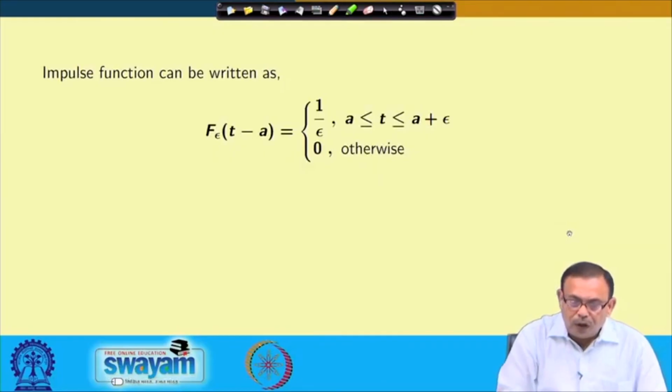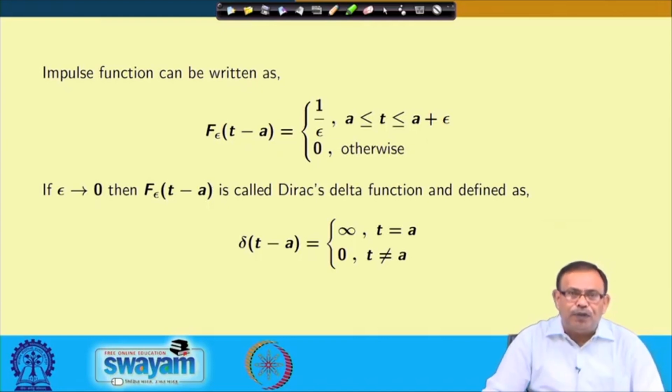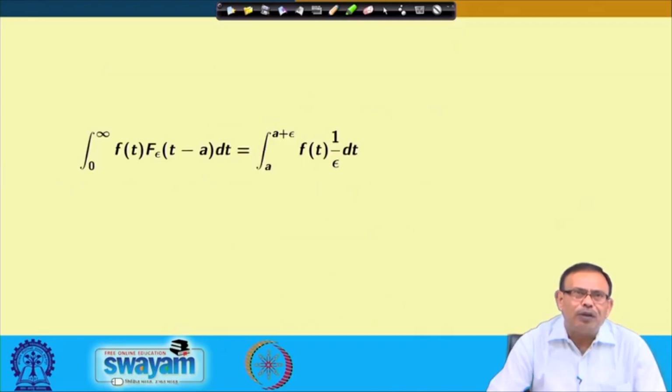Just as I told you, the impulse function can be written like this, with t lying between a and a plus epsilon, and from there I can write delta t minus a equals infinity at t equals a, and at t not equal to a the value is 0. Therefore, the integral from 0 to infinity of delta t dt equals 1. As I told you, the area should always equal 1.